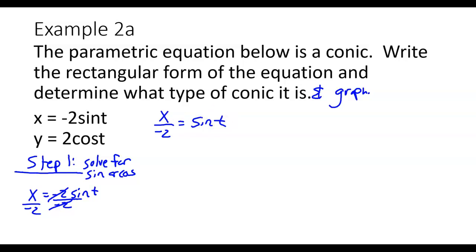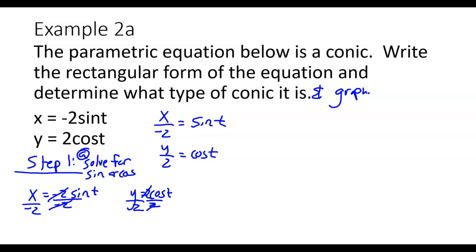And let's do the same thing for the other one. I'm going to divide both sides by 2 on that one. And I end up with y over 2 equals cosine of t. Okay, so that's the first part, is to solve for sine and cosine.